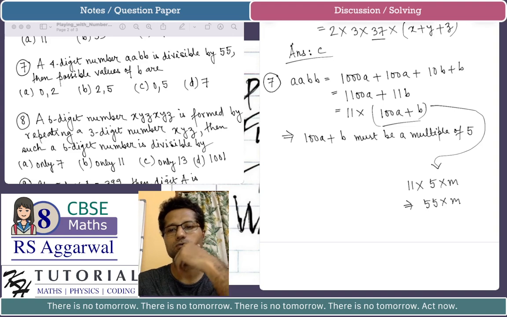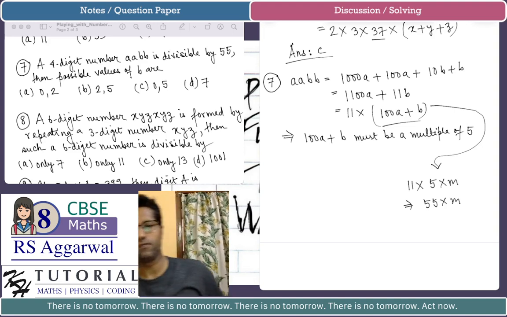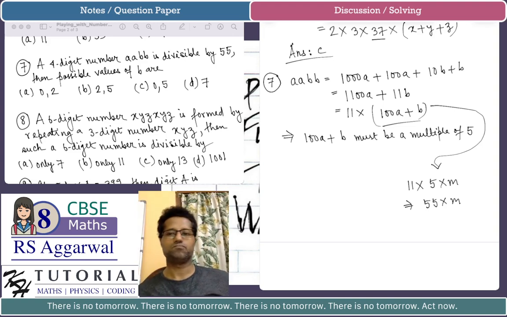Now it is asking what are the possible values of B. Since the whole number AABB is a multiple of 55, what is 100A plus B?